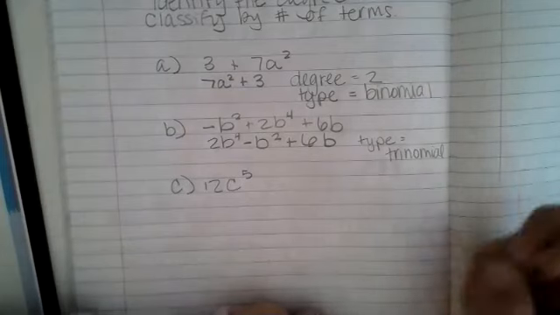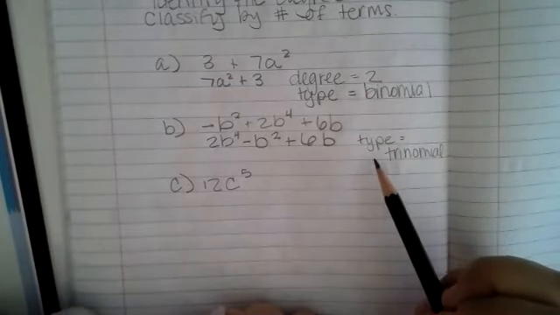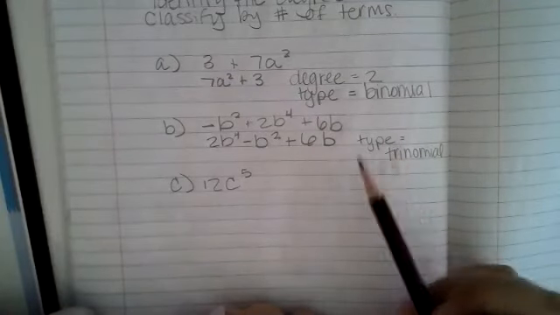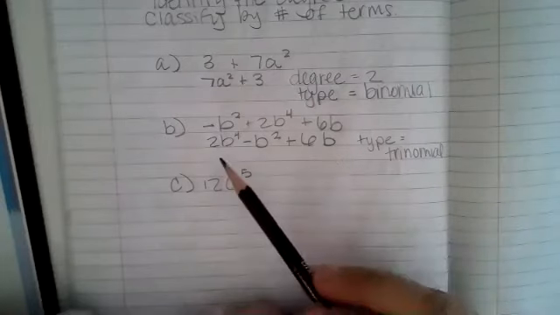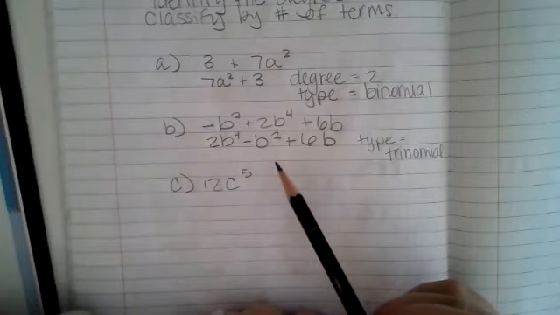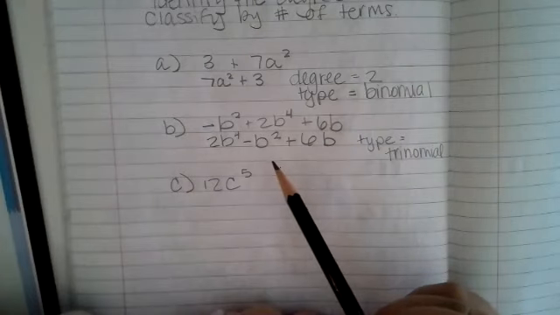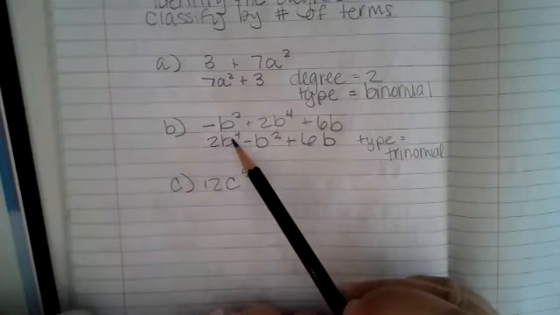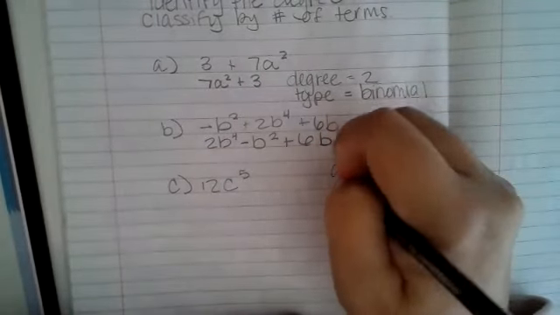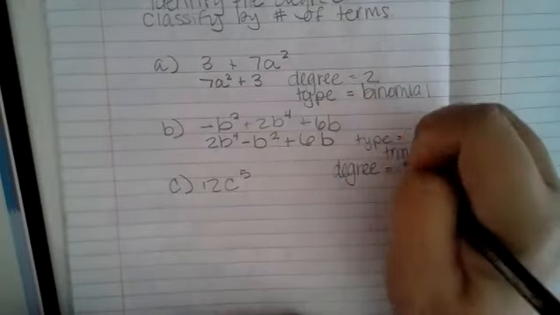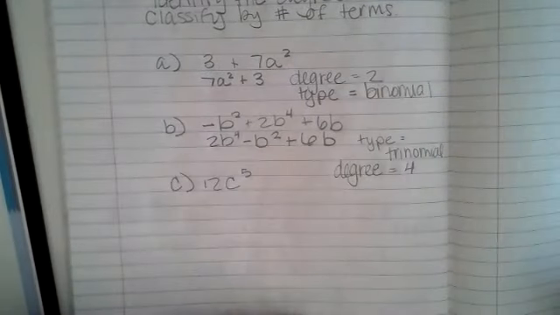And when we have a trinomial, my degree goes along with the largest exponent. So the degree here is 4.